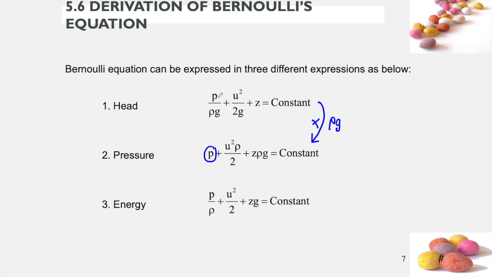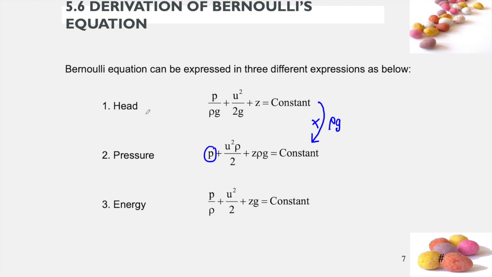P over rho G times rho G, you will get P. U squared over 2G times rho G, you will get rho U squared over 2. And Z times rho G, you will get rho G Z.